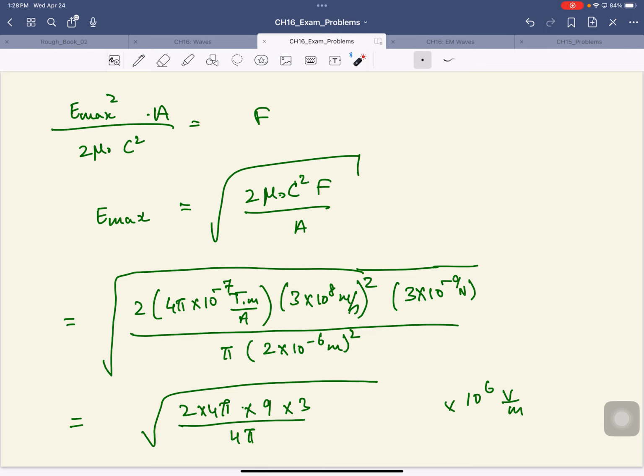Okay, let me do that again. That's 12, plus 3 minus 4, 16. Yeah, 12, 6. Okay, so that's right. The 4 pi cancels. So the square root of 54.